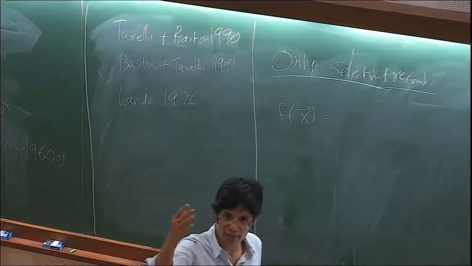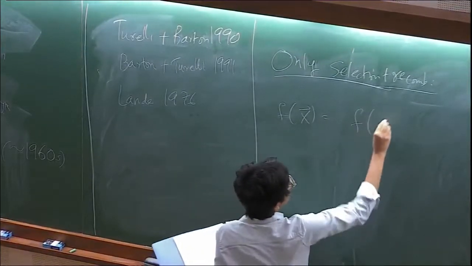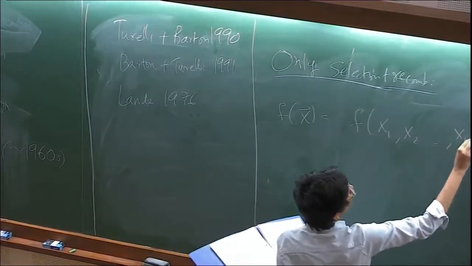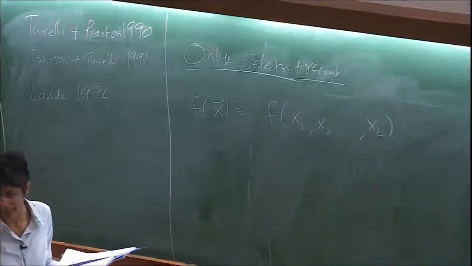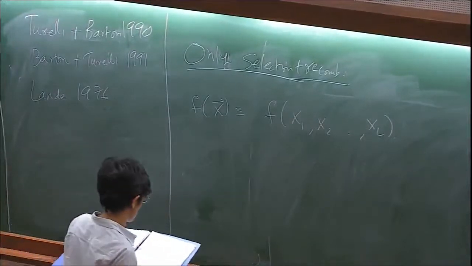X1 could be 1 or 0, it could be many alleles, etc. So it's just the state at the first locus, second locus, and so on. That's what it denotes. I'm going to drop the x star, but x means x and x star, both of them. I'm not going to write it today.